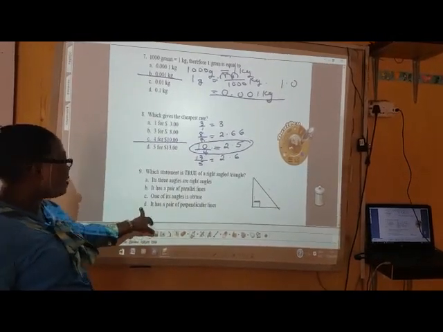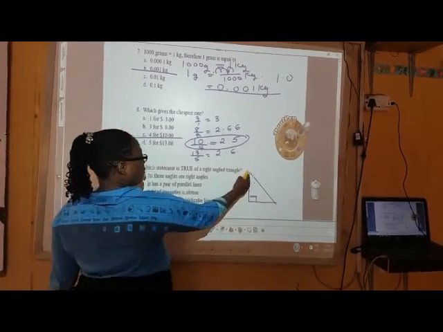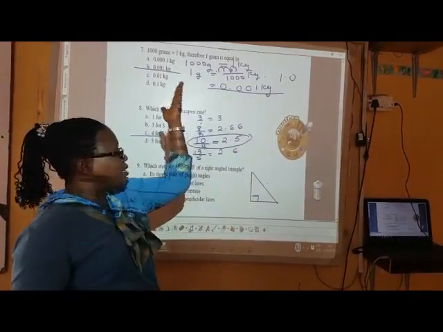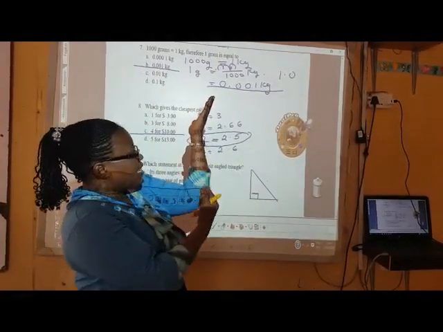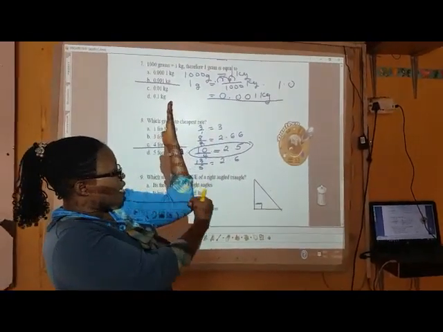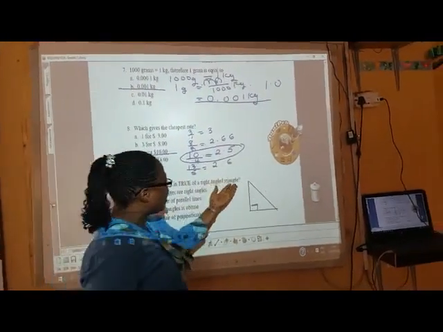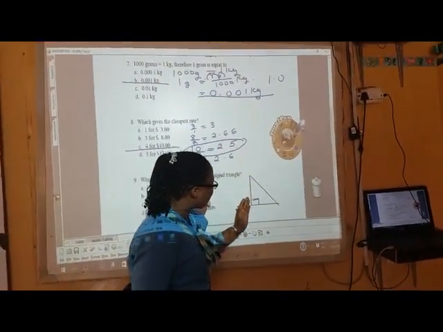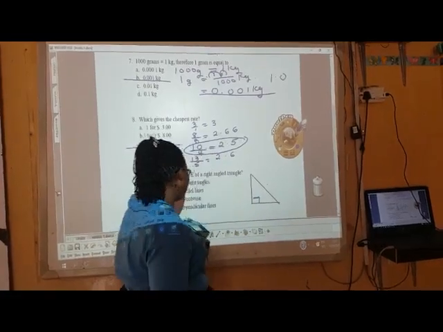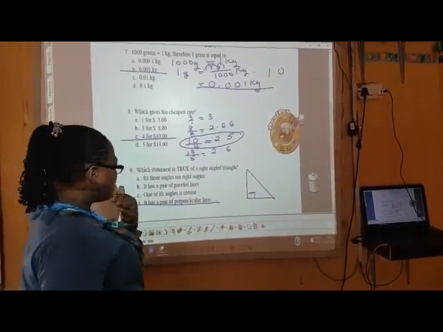The only true statement here is the last option. So this is a perpendicular line, and you do your hand like this: that is when the vertical line joins with the horizontal line, that is what is called a perpendicular line. We can see directly that this is a vertical line and this is a horizontal line. So the only option that is correct is option D.